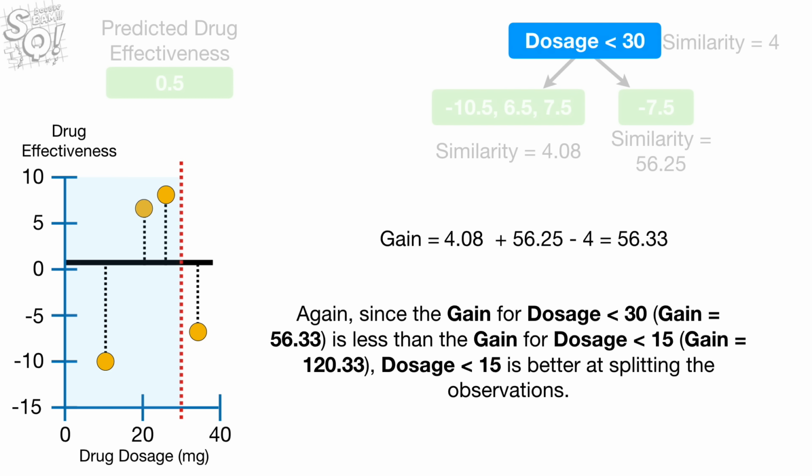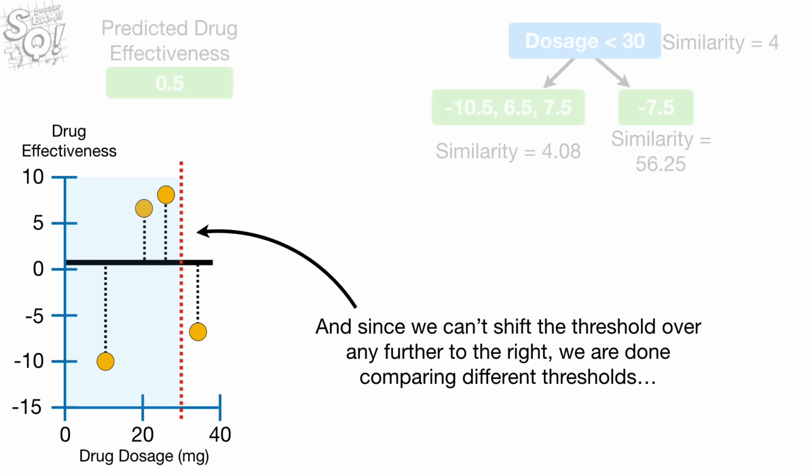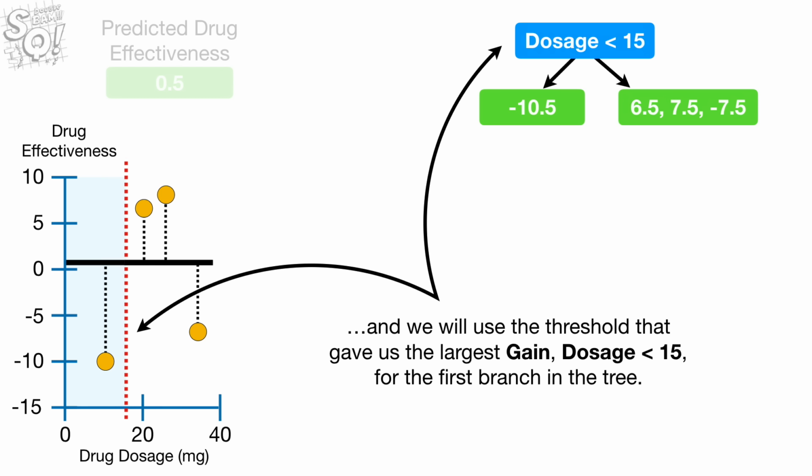Again, since the gain for dosage less than 30 is less than the gain for dosage less than 15, dosage less than 15 is better at splitting the observations. And since we can't shift the threshold over any further to the right, we are done comparing different thresholds. And we will use the threshold that gave us the largest gain, dosage less than 15, for the first branch in the tree.